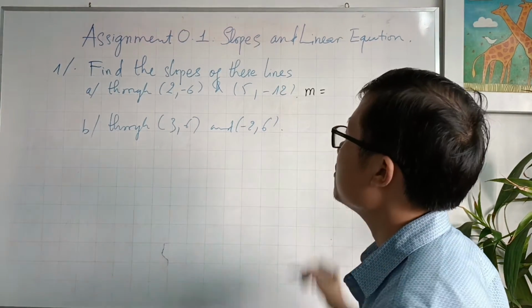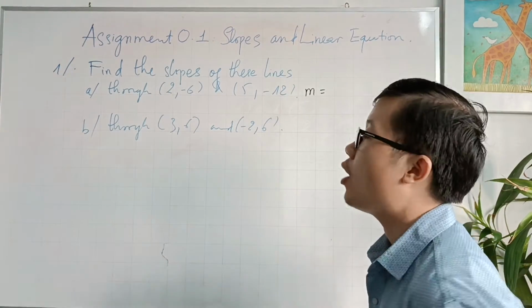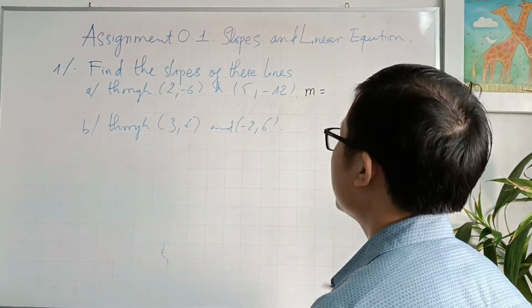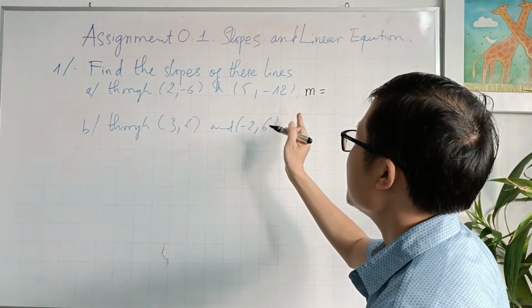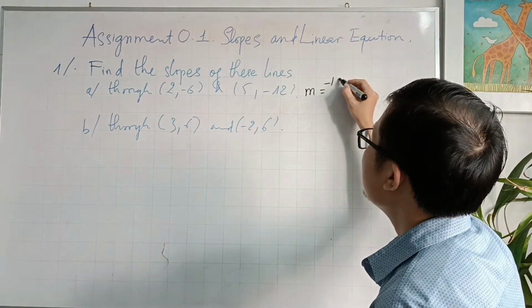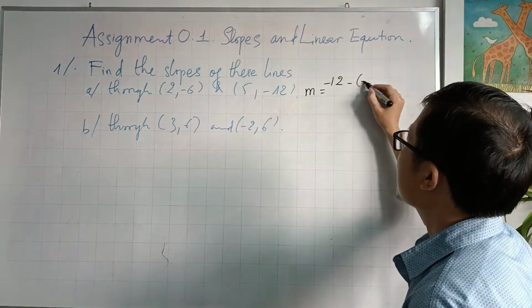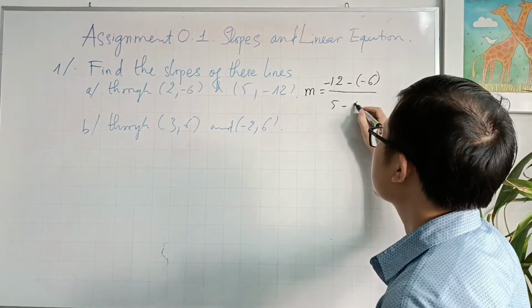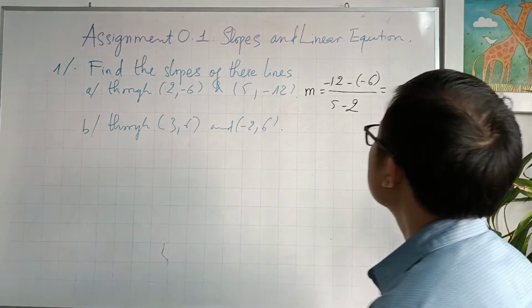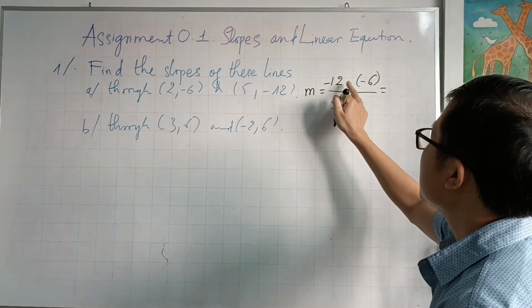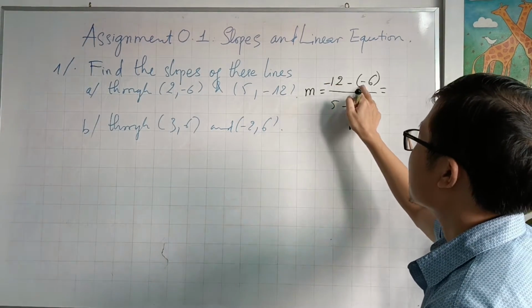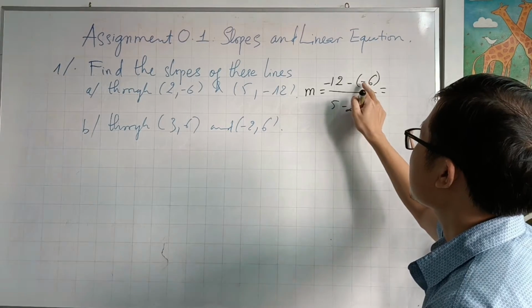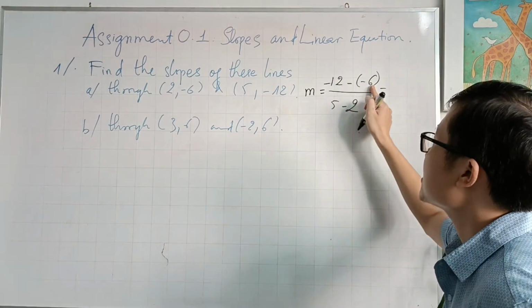So we have m equals delta y over delta x, or rise over run. So the answer is (-12 minus -6) over (5 - 2). -12 minus -6 is -6.